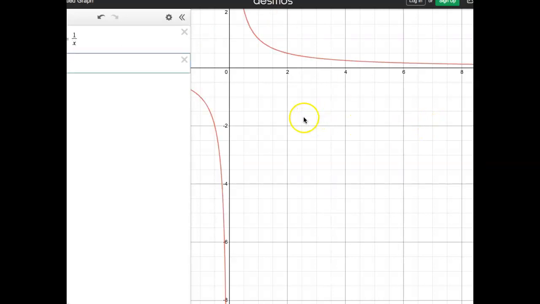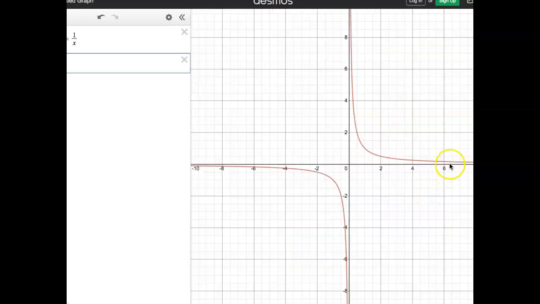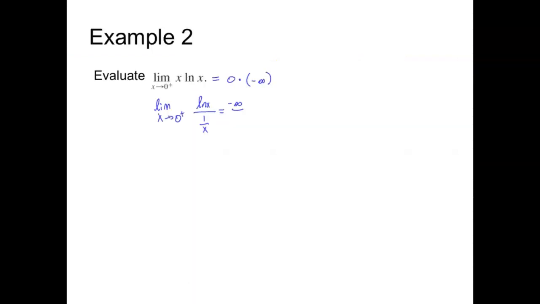As we approach 0 from the right for 1 over x, so we're going this way, right? My y values get infinitely large, so positive infinity. And any combination of infinity over infinity, positive or negative, is an indeterminate form. So I have an indeterminate form that I can apply L'Hopital's rule to now. All right, so I'm just going to give it the equals with the H over it to indicate that that's what I'm doing.